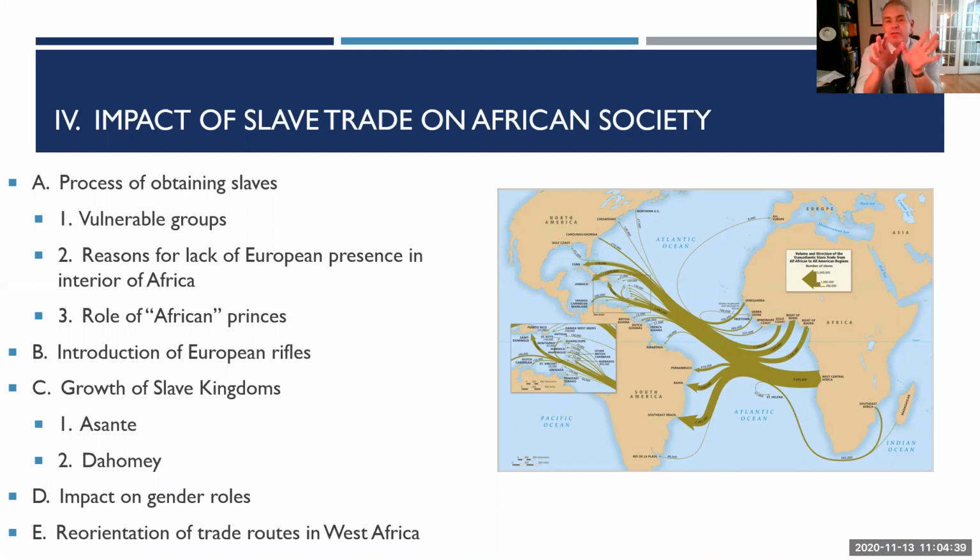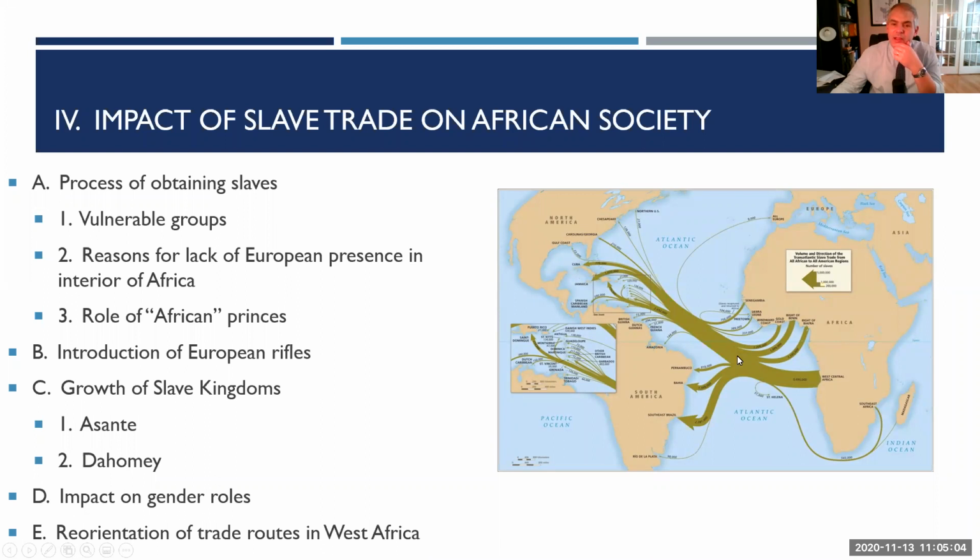So now we want to shift, and this is something we always do. We want to look at the effects of something. So if you take a look at the map, what's really telling is if you look at the arrows, this starts to give you a sense of where the enslaved Africans were originating from along this West African coast and even down into Central Africa.